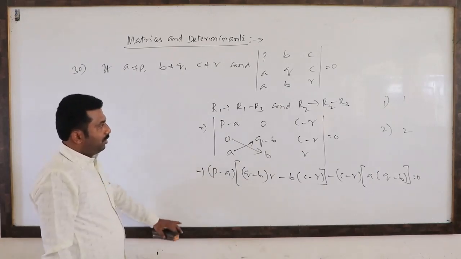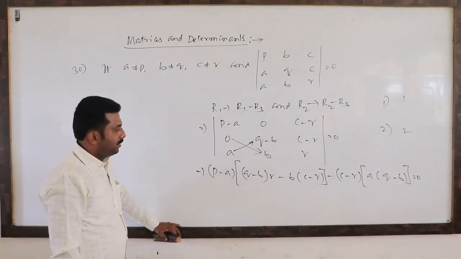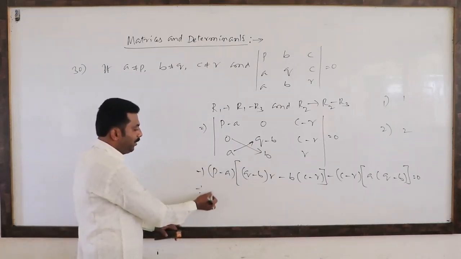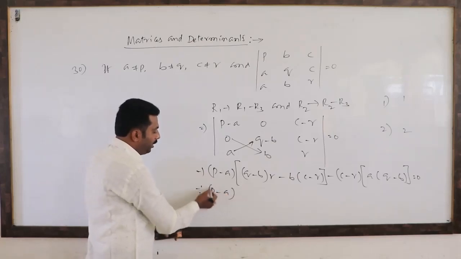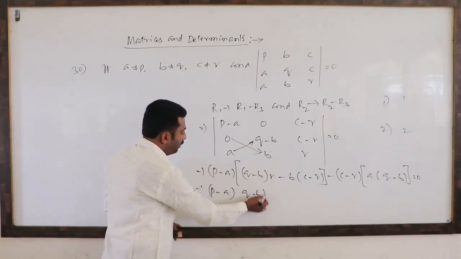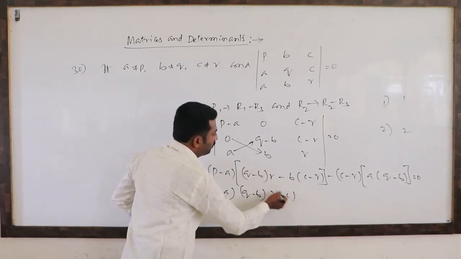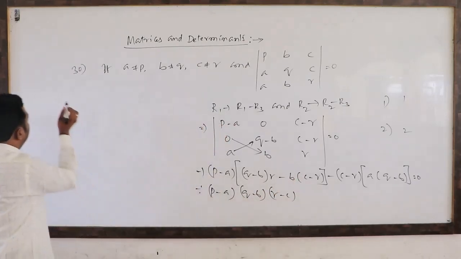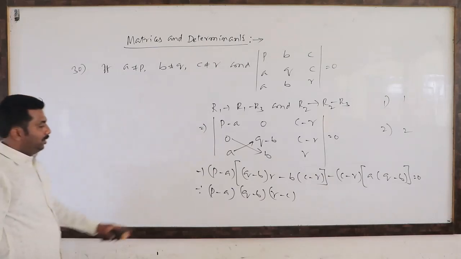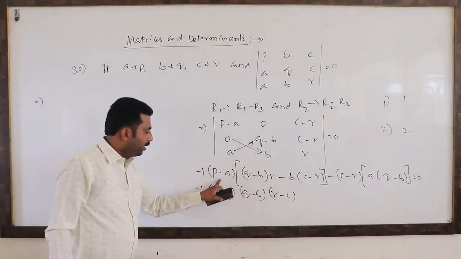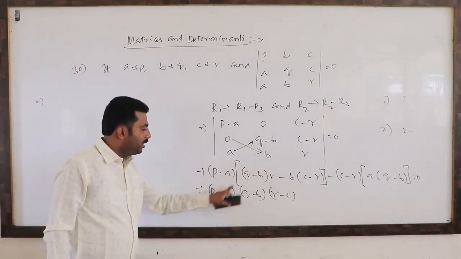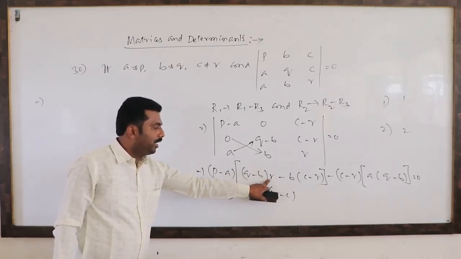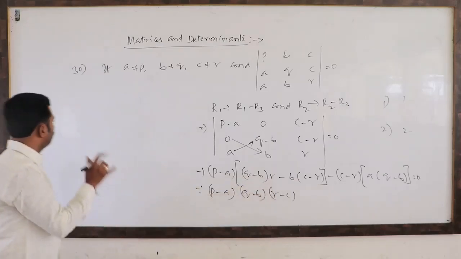So if you observe, both sides divided by P minus A, Q minus B, R minus C. If I divide it, then what happens? See, these two terms, if I divide by this term, P minus A, Q minus B cancel, then what will we get?